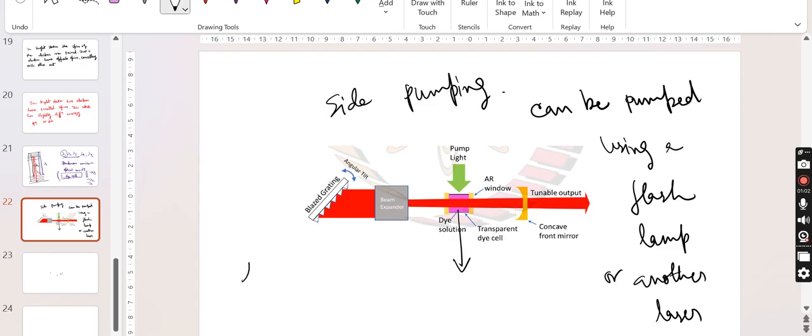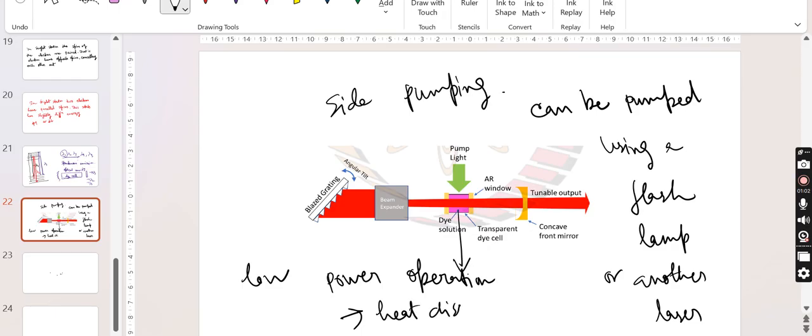So for low power operation, we don't need to flow the dye; heat dissipation is not mandatory.